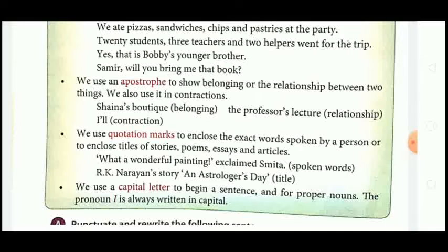Next, R.K. Narayan's story "An Astrologer's Day." To show the title of the story, we use quotation marks. So we are using quotation marks to show the exact words spoken by any person or to show the title of any poem, story, essay or article.